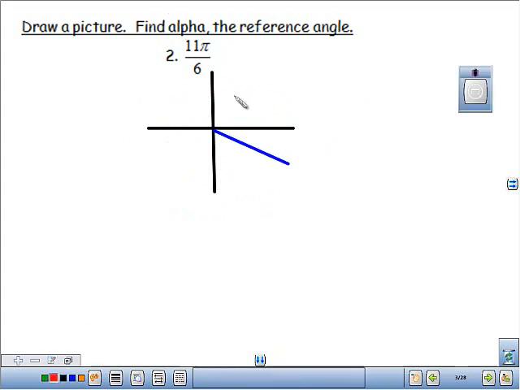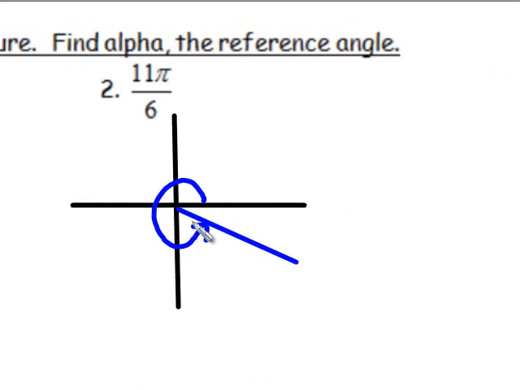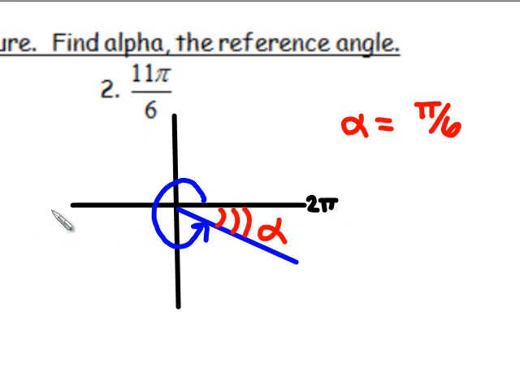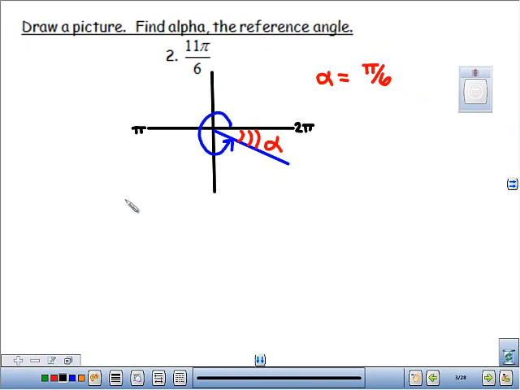Draw your arrow. And then your reference angle is to the nearest x-axis. And in this case, alpha is pi 6. We are 1 pi 6 short of 12/6, which would be 2 pi. And remember, a full circle would be 2 pi. Half a circle is pi.